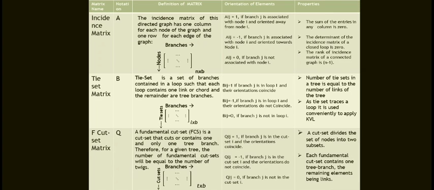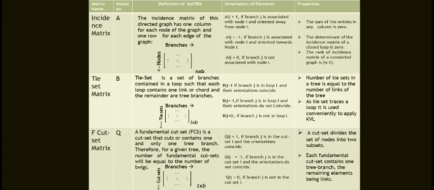What we learn about the incident matrix is, first, the sum of the entries in a column is 0, as well as the determinant of the incident matrix of the closed loop is 0, and the rank of the matrix is equivalent to n-1.